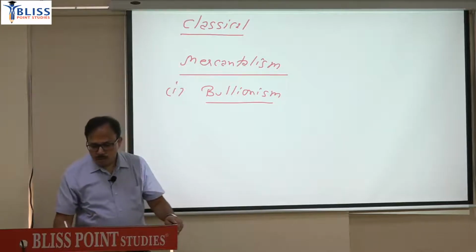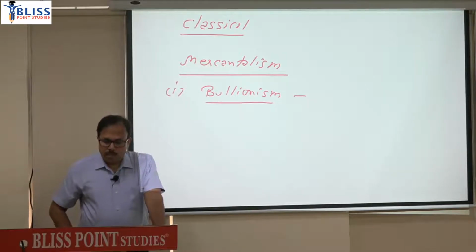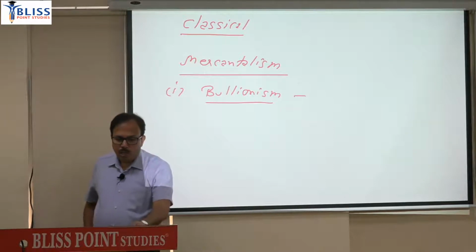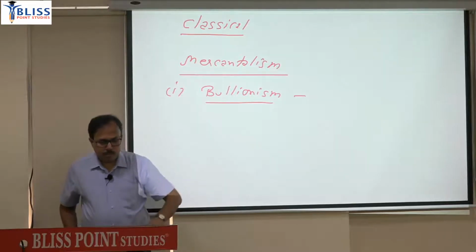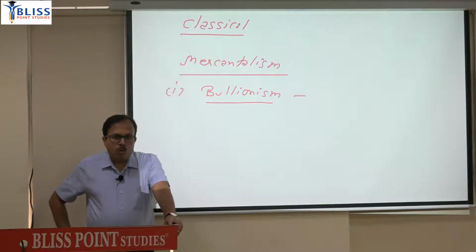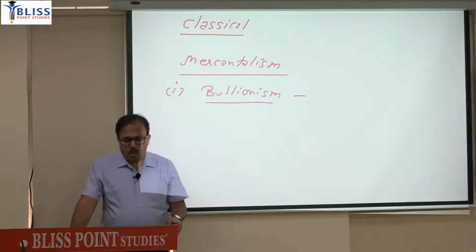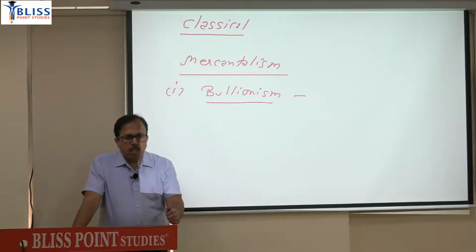So this first point, Bullionism, that is a belief that wealth and power of a nation were determined by its stock of precious metals.